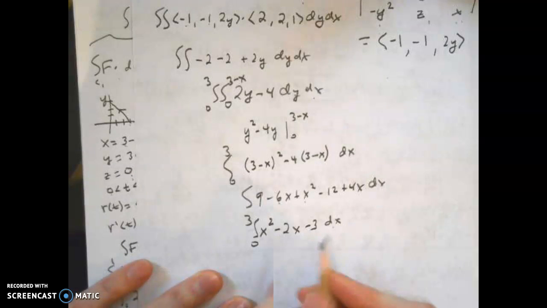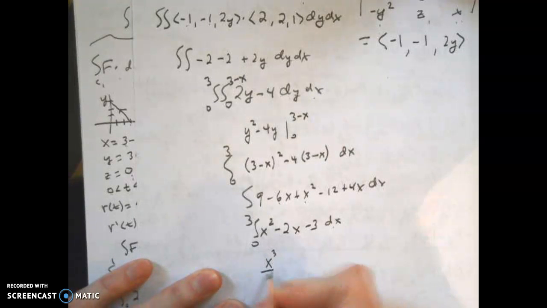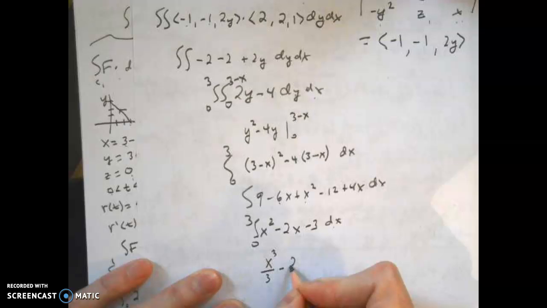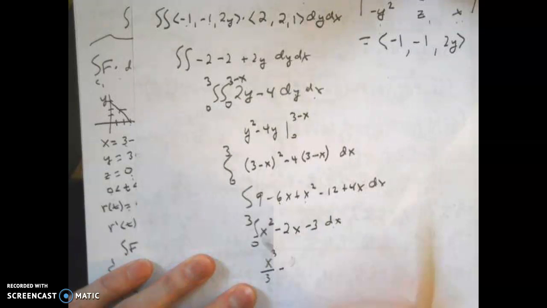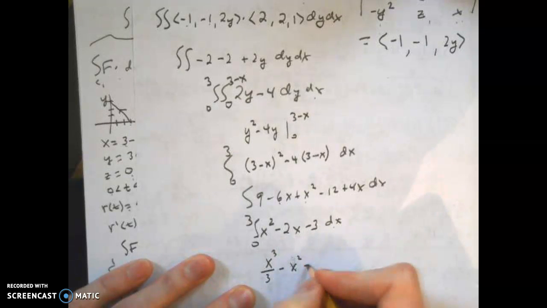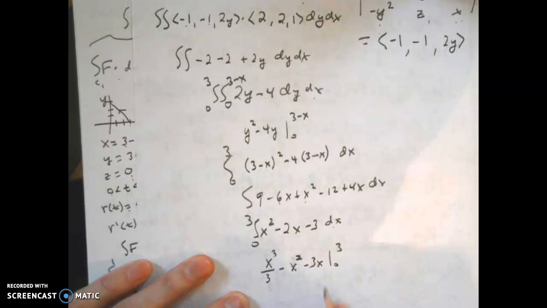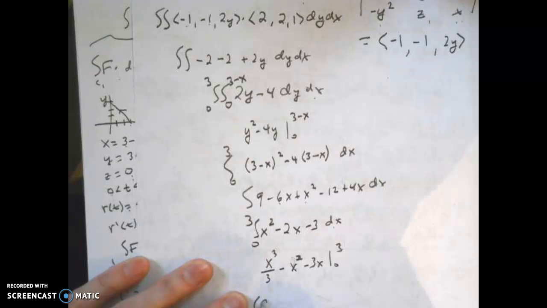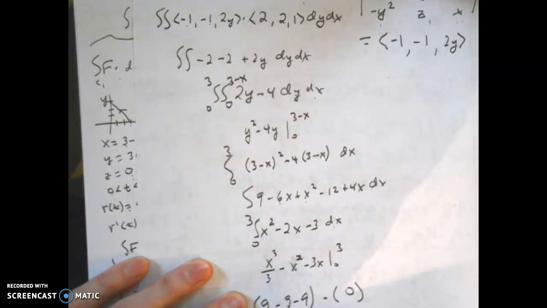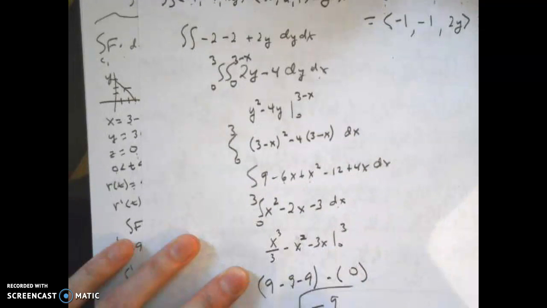So antiderivative with respect to x, x cubed over 3 minus x squared minus 3x from 0 to 3. So 27 over 3 is 9 minus 9 minus 9, and then minus 0. So I get negative 9.